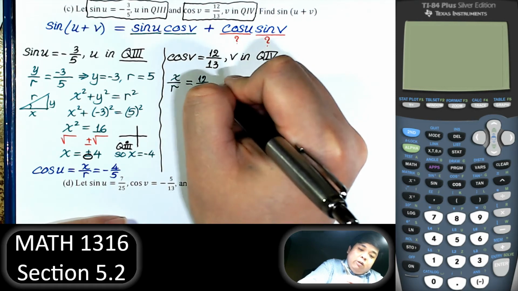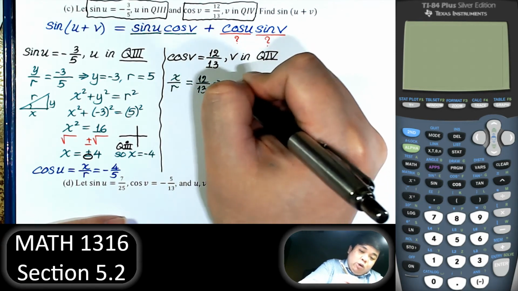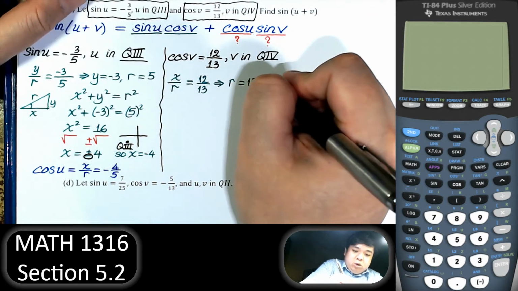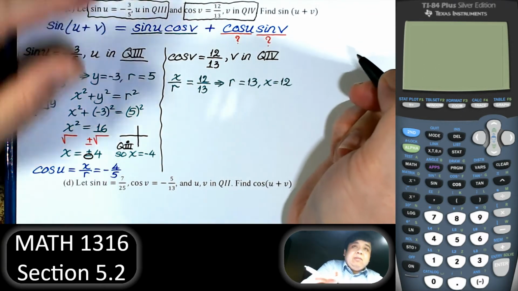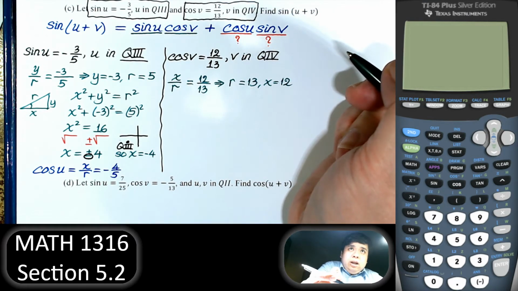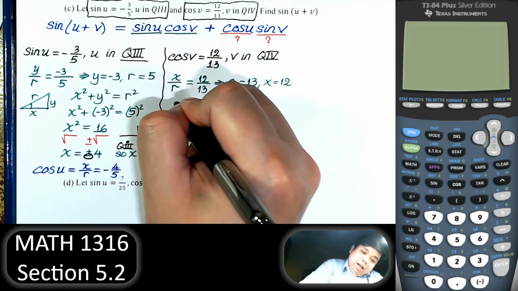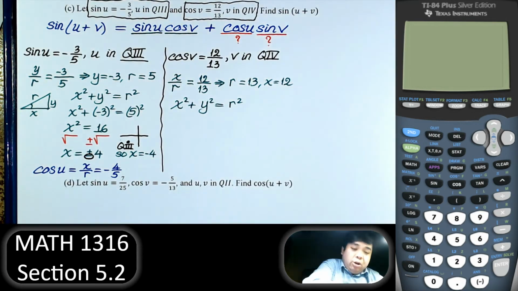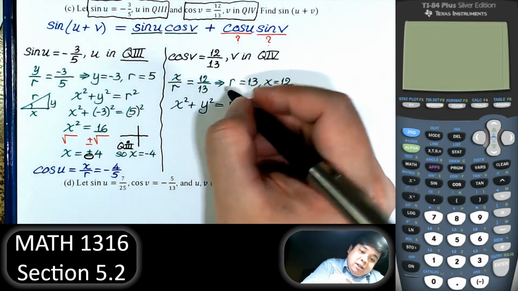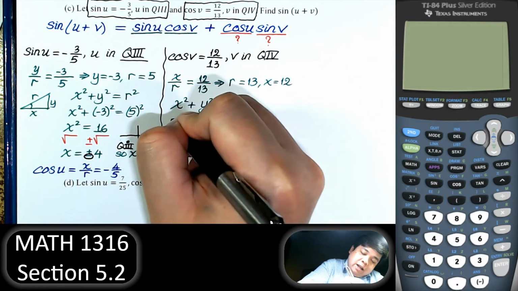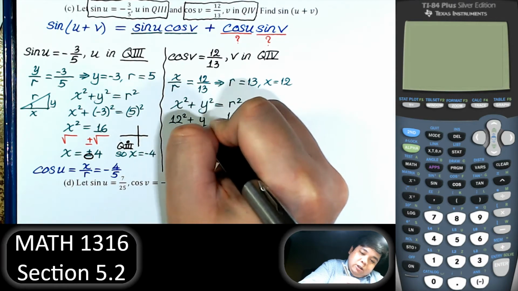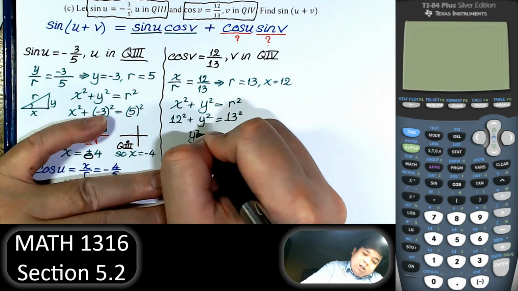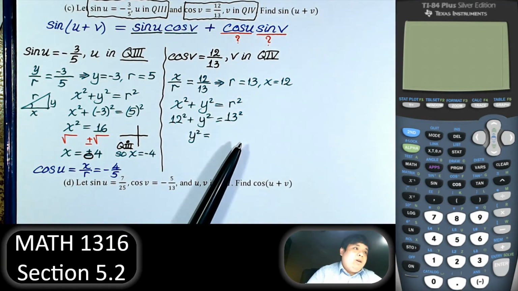Once again, r is always positive, so we know for sure r is 13, and in that case, x must be 12. So again, the Pythagorean theorem: x squared plus y squared equals r squared. So r is 13, x is 12 squared, and so we have y squared is 13 squared minus 12 squared, so that will be 25.